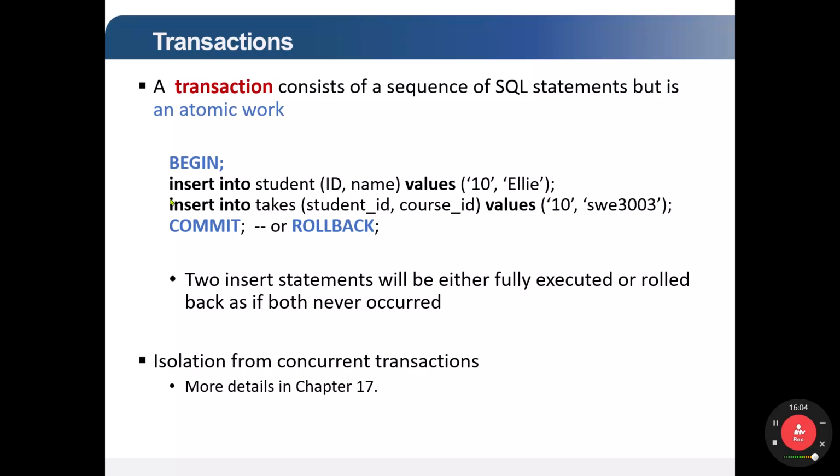Unless both operations succeed, none of them will succeed. So there will be no partial state. Ellie and SW3003, these two records should be shown together, or none of them should be shown. Okay? That is the concept of transaction.